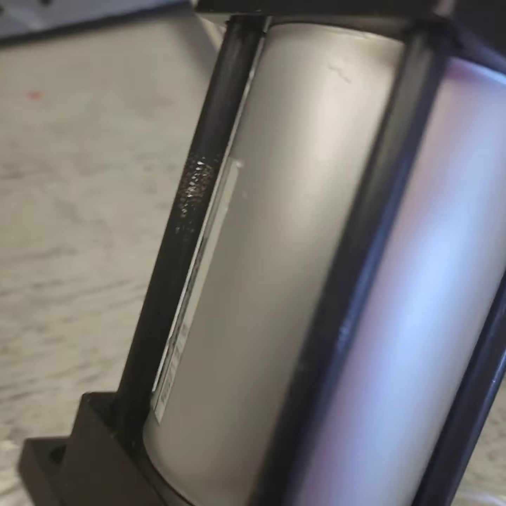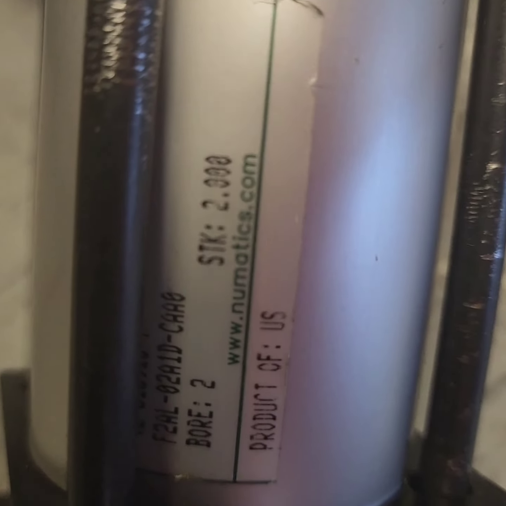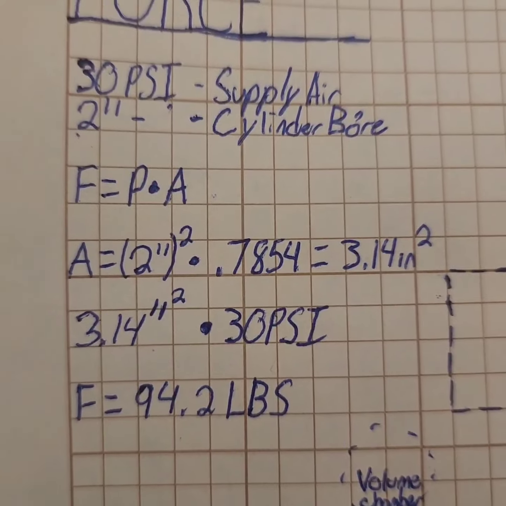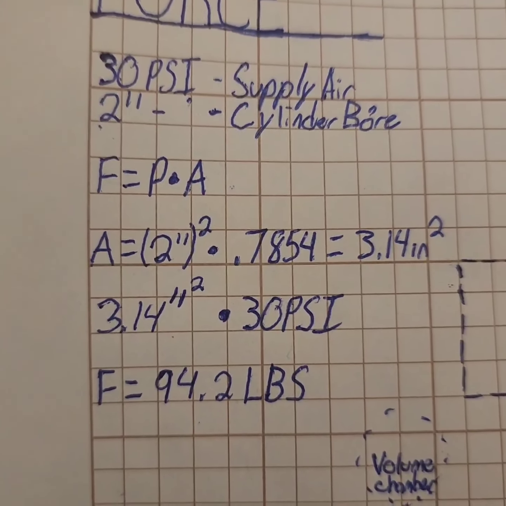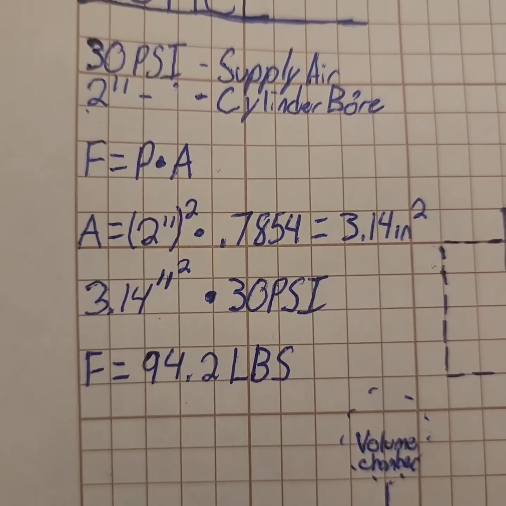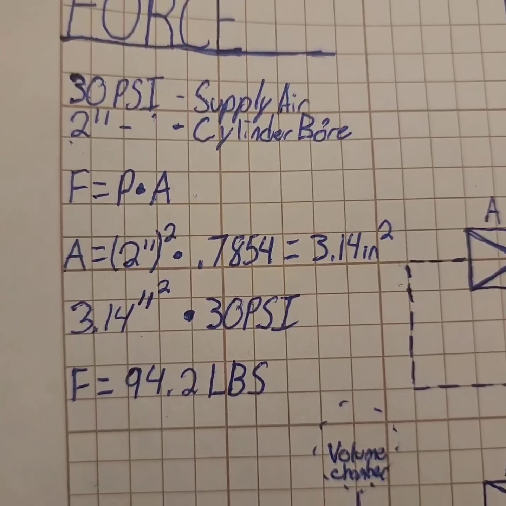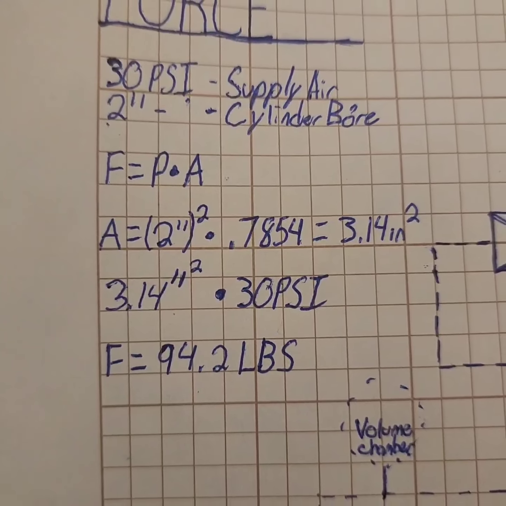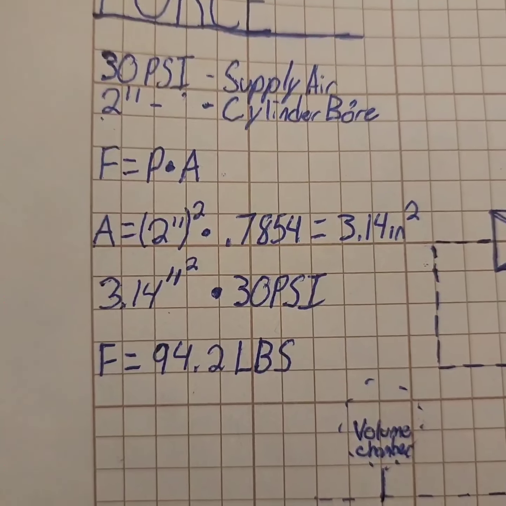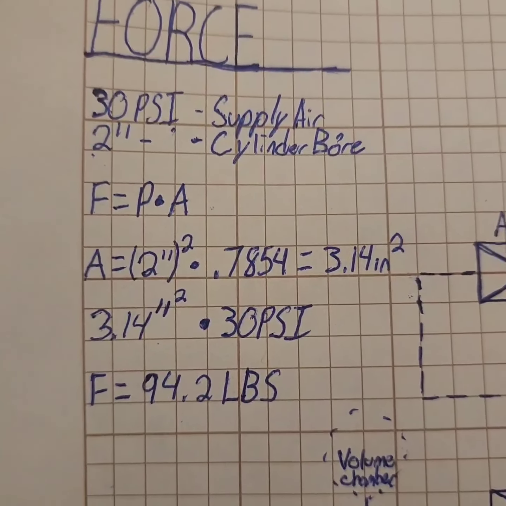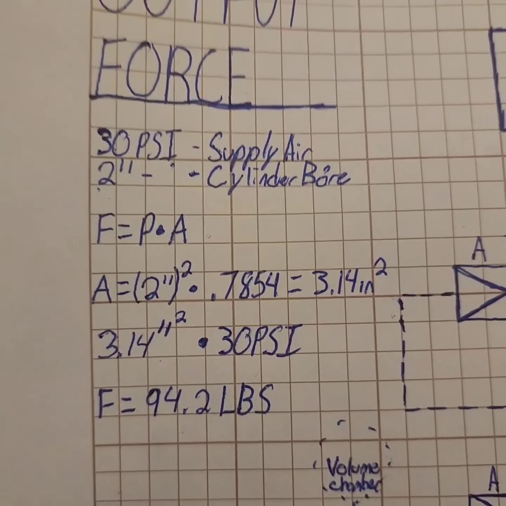You probably can't see this, but it's a cylinder with a 2-inch bore. And back to the math here. So force equals pressure times area, so we have 30 psi, and then 0.7854 times 3.14 squared is the area, and then our force is just over 94 pounds, and we don't actually have any way to check that, but that's the way the math works out.